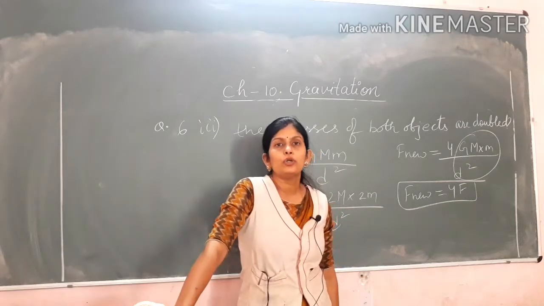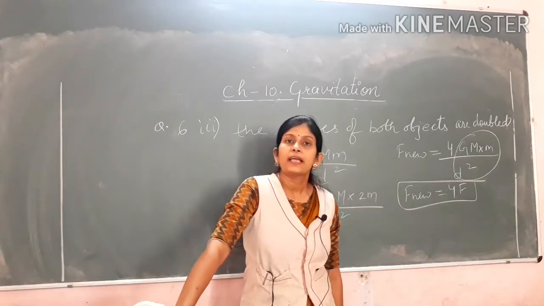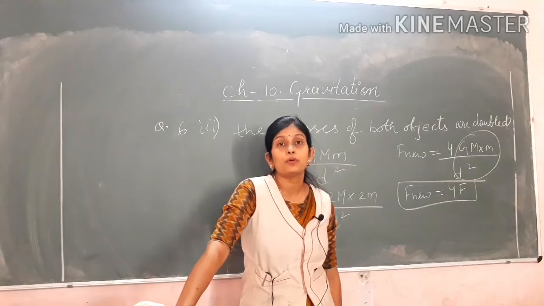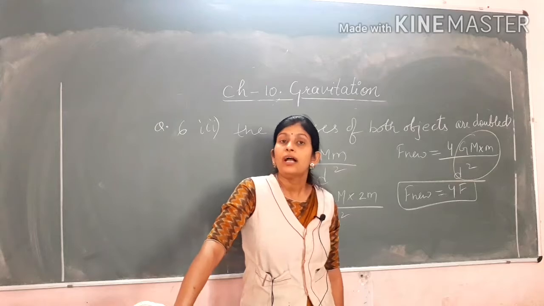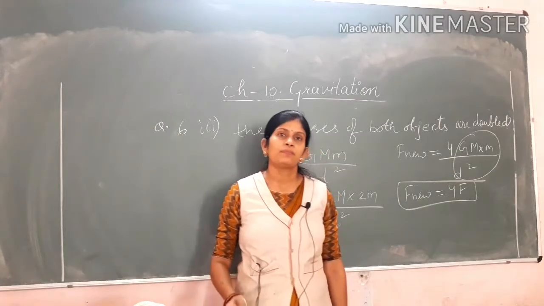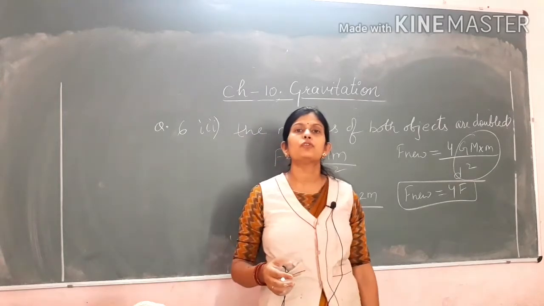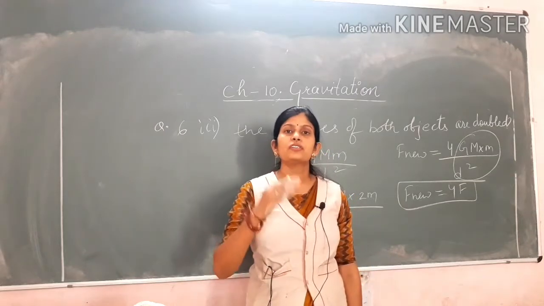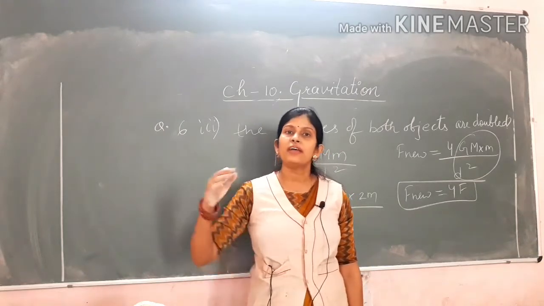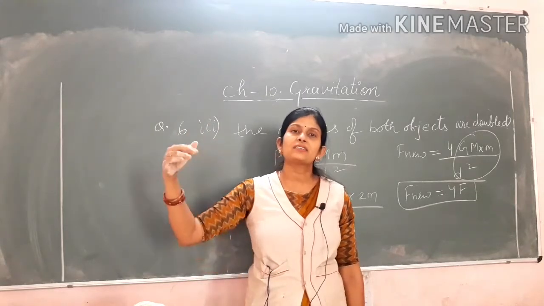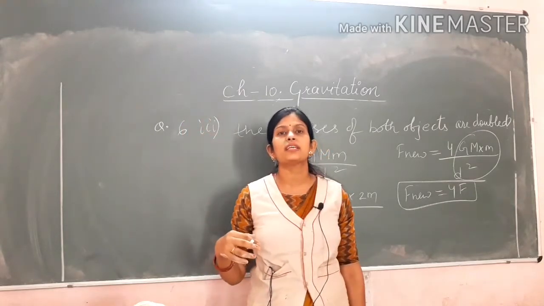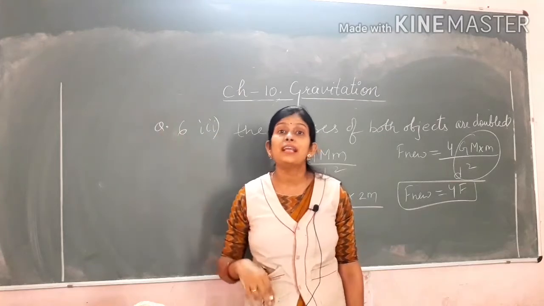See, as I told you already, gravitational force is directly proportional to the product of the masses of two objects. So, earth having more mass applies more gravitational force on the object, which results in more weight. Whereas the surface of moon, which has less mass, exerts less gravitational force on the same object, resulting in less weight.